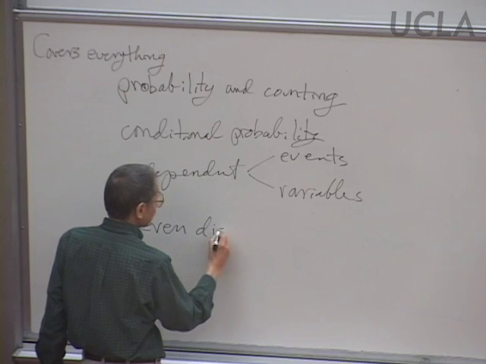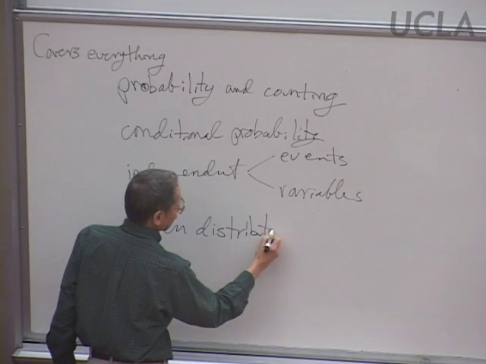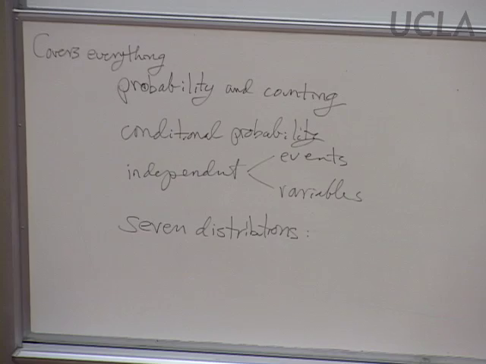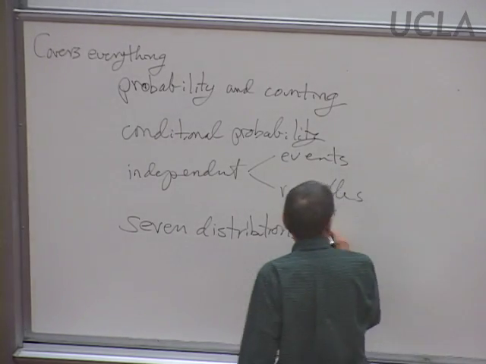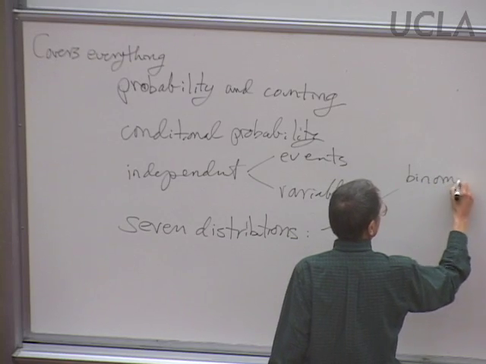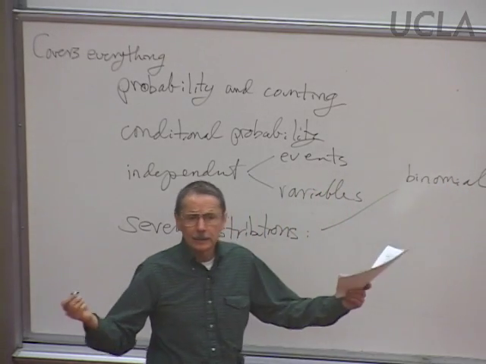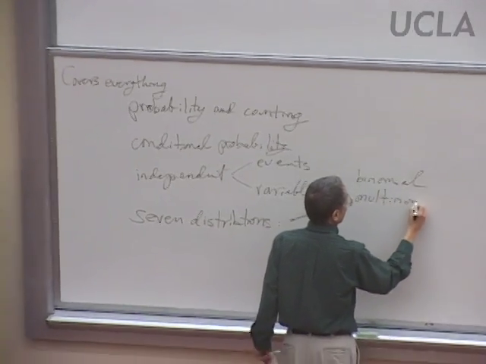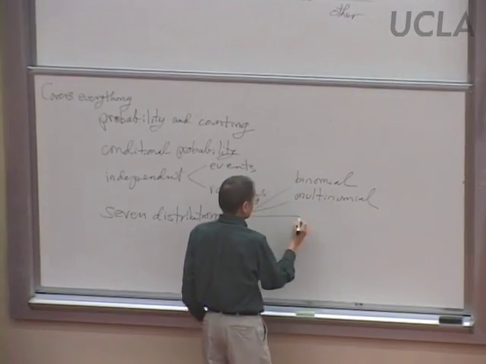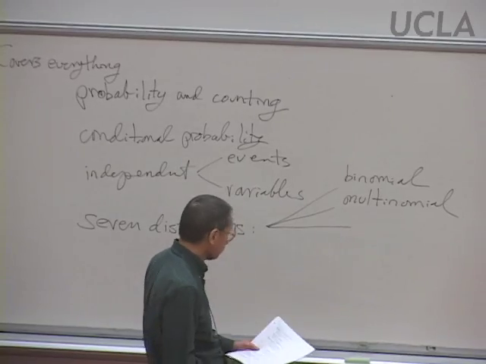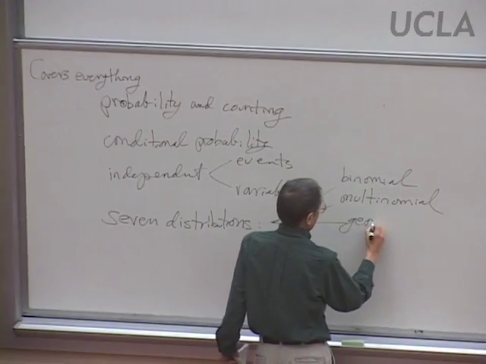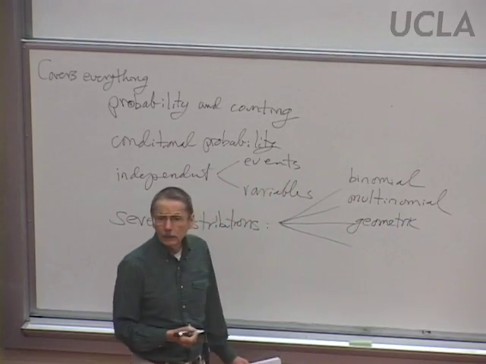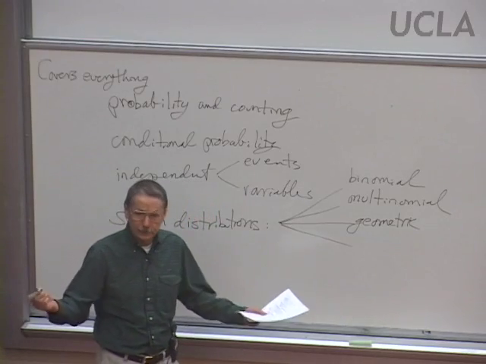And then we talked about 7 distributions. Well, so let me remind you what those 7 were. The first one we talked about was binomial distribution. And that has still been coming up ever since. Multinomial distribution is very similar. Geometric distribution closely related to the binomial distribution, but it's counting a different thing.